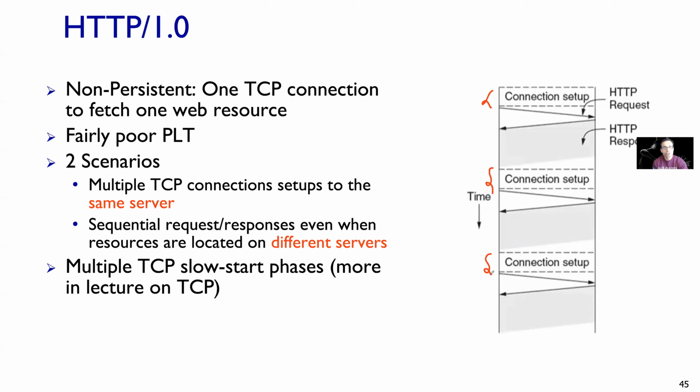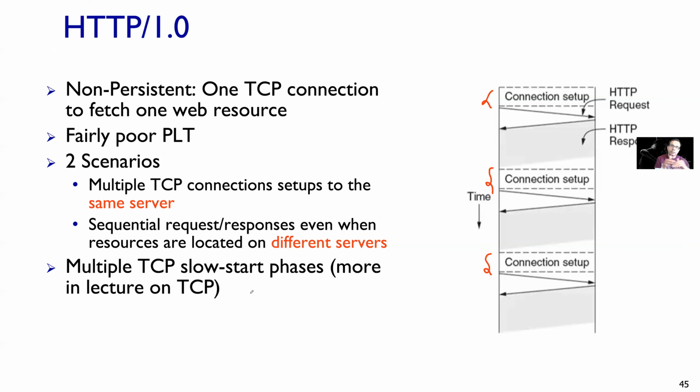And then there are other issues to do with how TCP inherently works. This is something we'll look at a little later. For now, all you need to remember is it's beneficial to have a long-lived TCP connection rather than set up a connection, close it, and then open a new one.